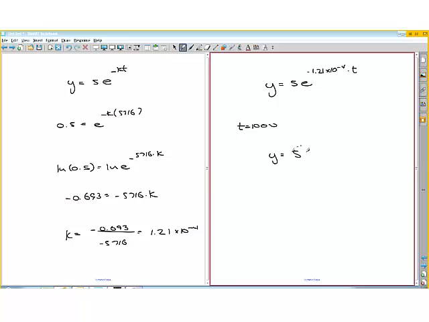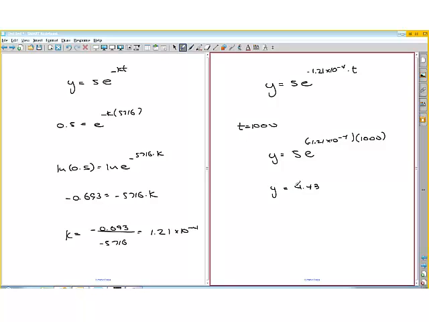So 5e to the minus 1.21 times 10 to the minus 4th, that's minus k times 1,000. So all this involves just plugging into your calculator. So 5 times e to the negative 1.21 e to the minus 4 times 1,000, close the parenthesis, and we get y at 1,000 is 4.43.